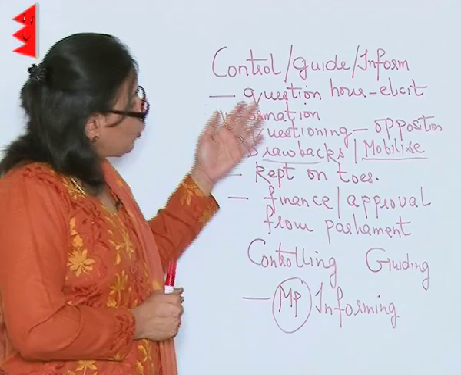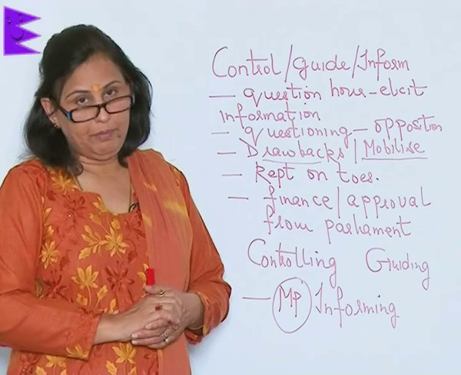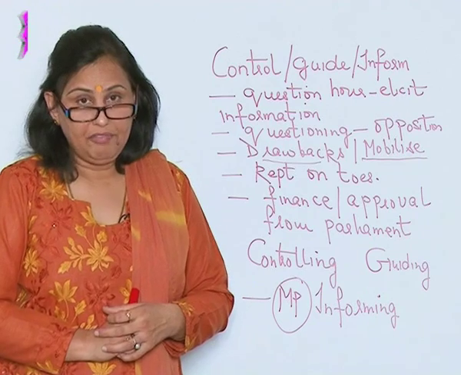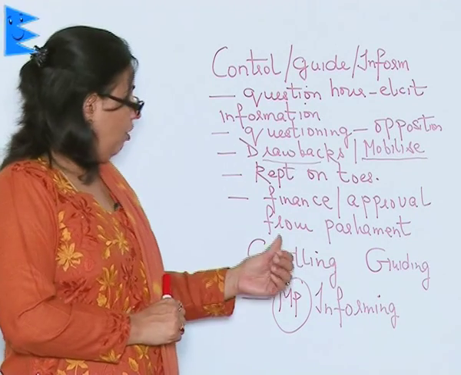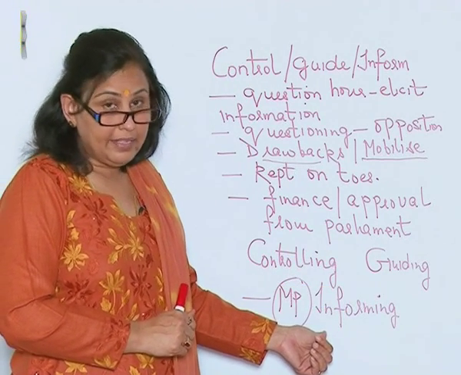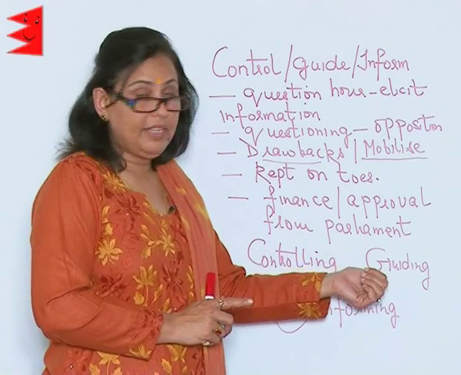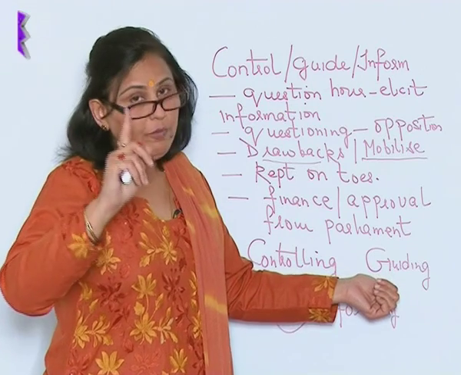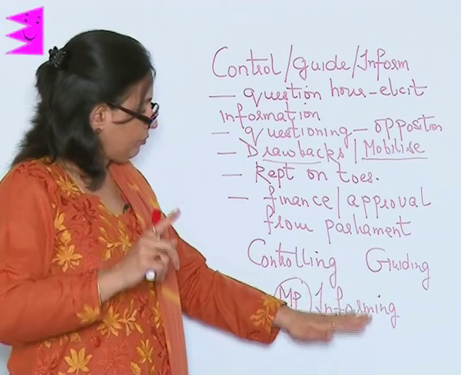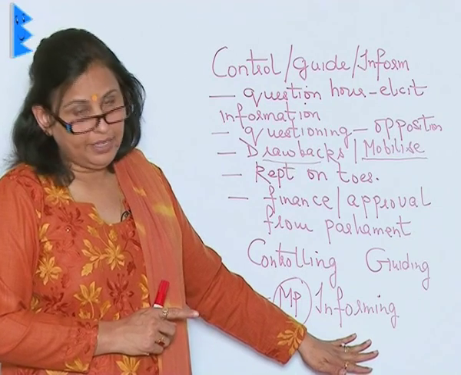Well, all this shows us clearly that the elected representatives of the people, that is the members of the parliament, play a very important role of controlling, guiding and informing, that is controlling the government by asking questions, guiding the government by highlighting where they are going wrong, by telling them about the drawbacks in the policies, and keeping the public informed of what the government is doing.